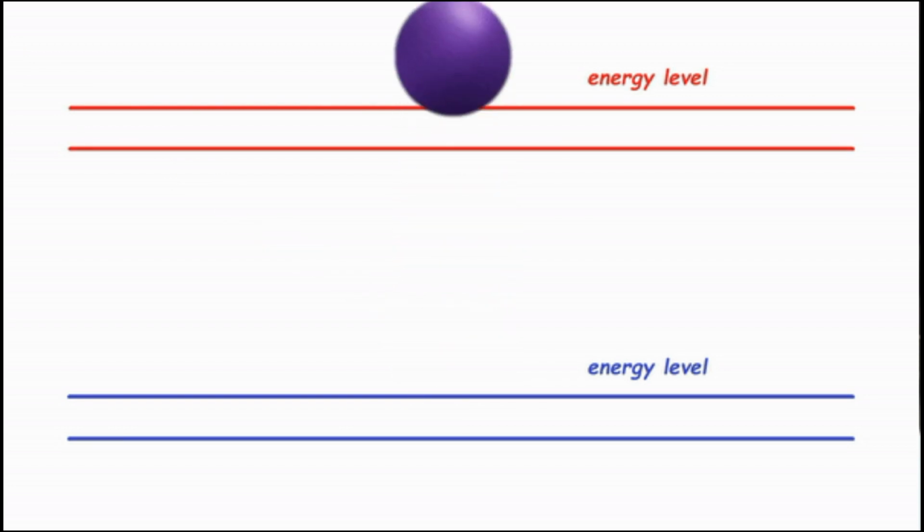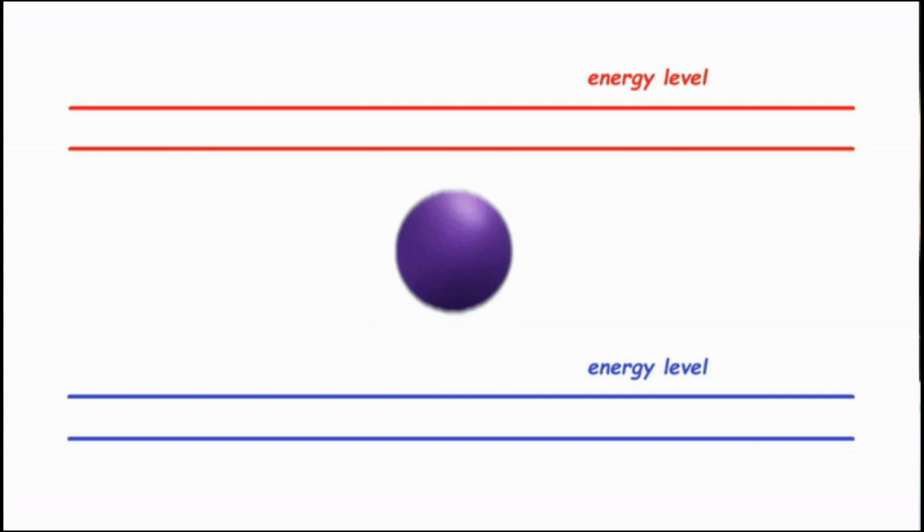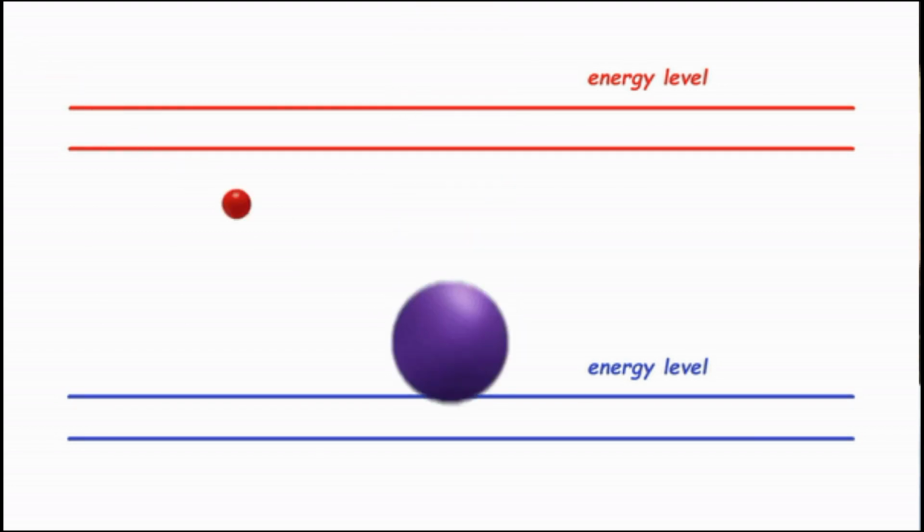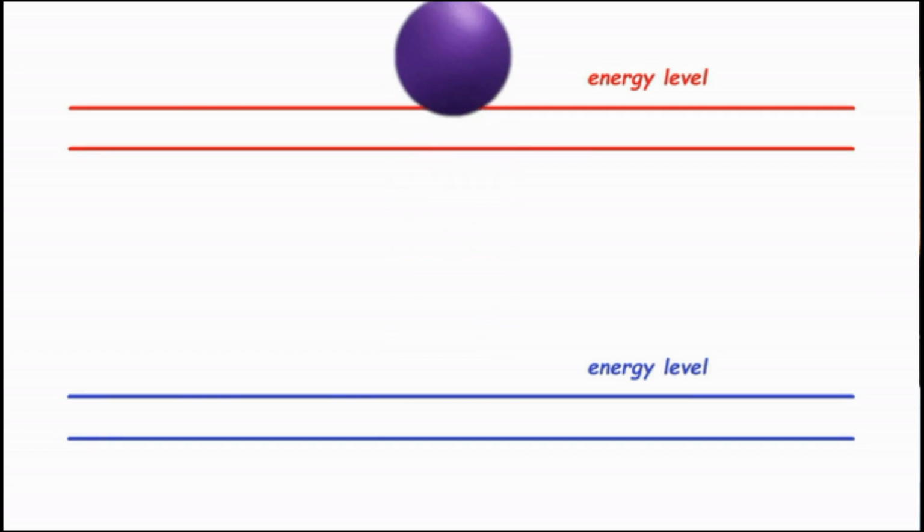But if for some reason the electron ball, the purple one there, does not absorb that photon, then the photon reaches your eye and the material is transparent. It's a little more involved than that. I'm just reviewing it very quickly.